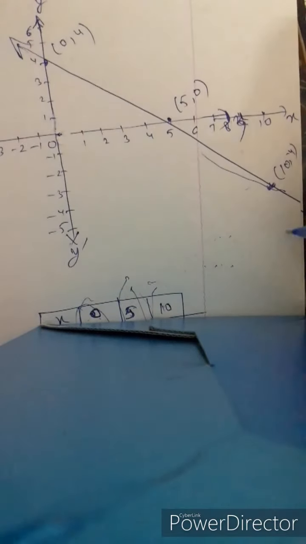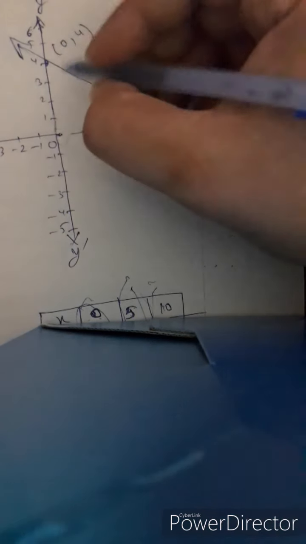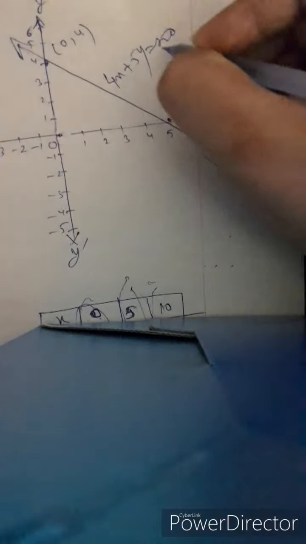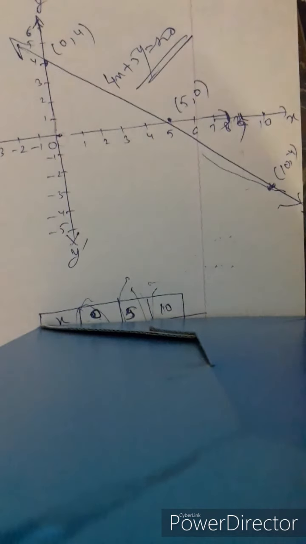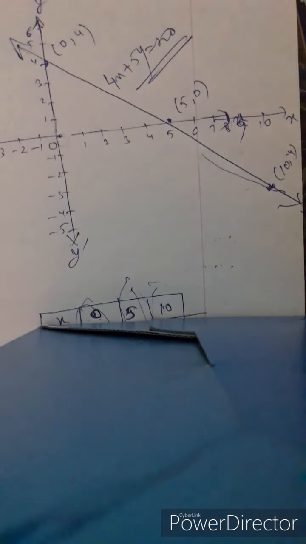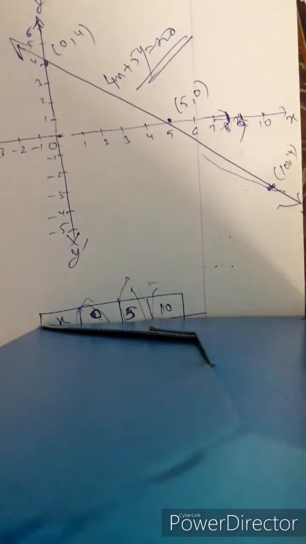So this is the answer to the equation. This line is 4x plus 5y equals 20. The straight line which joins these 3 points will be absolutely straight.